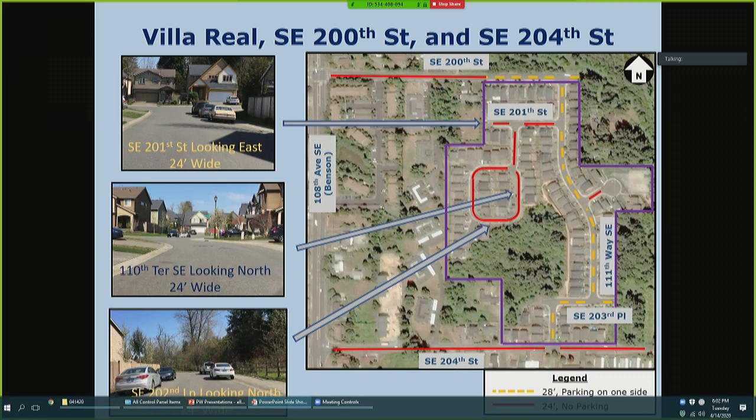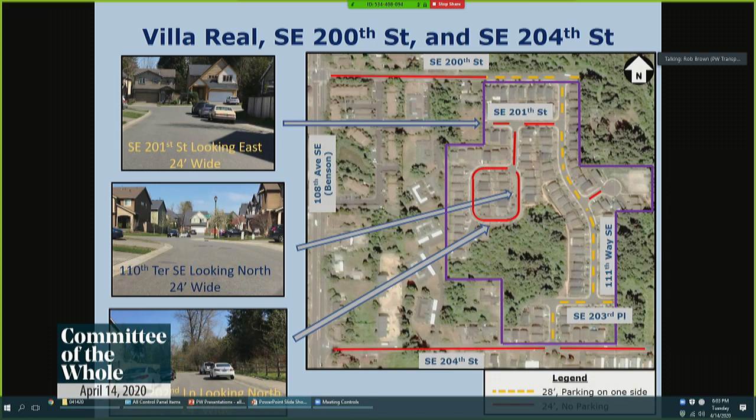The other streets in the neighborhood are shown in red lines. Those are all 24 feet wide, so they don't meet our 28-foot requirement for parking on one side of the street. We discussed these again with the police department and fire marshal's office, and they both support the parking restrictions.